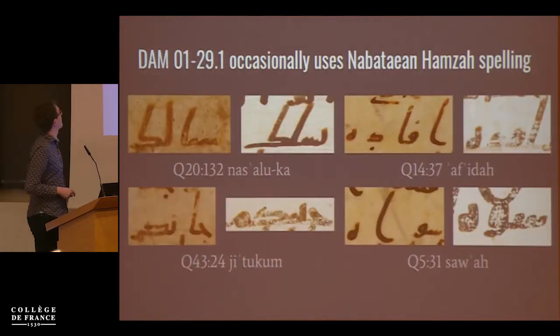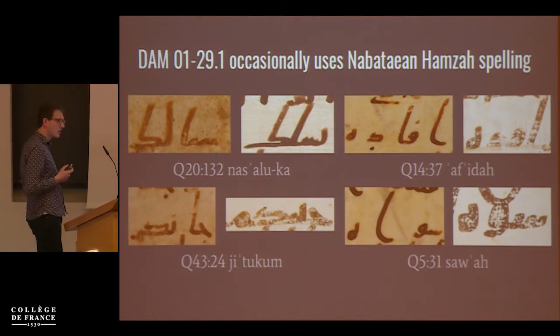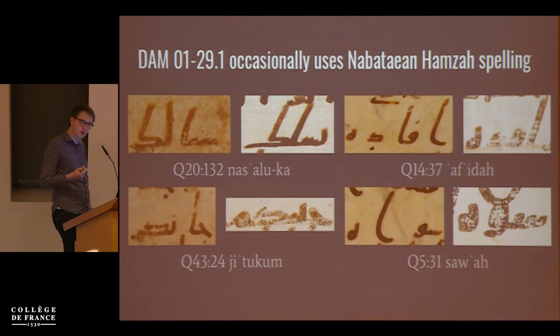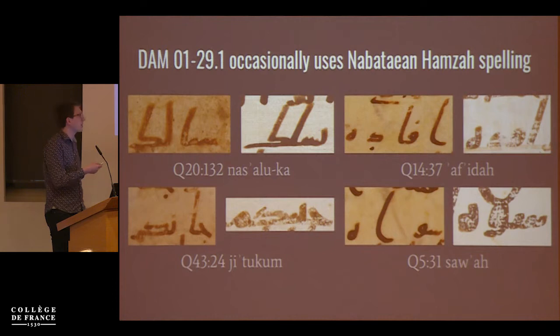And there is. In DAM 29, we actually find this occasionally, not always. Usually we find the normal Islamic spelling. But here we see Nas'aluka really being written Nun, Sin, Alif, Lam, Kaf. Well, this is the regular spelling. Any other manuscript you open up, you'll find this spelling. Same thing, Ji'tukum, where really an alif is being used in a place where we'd always just expect a ya.